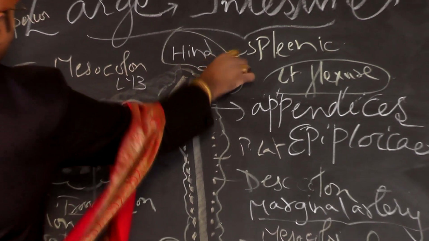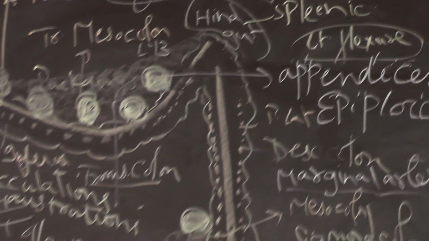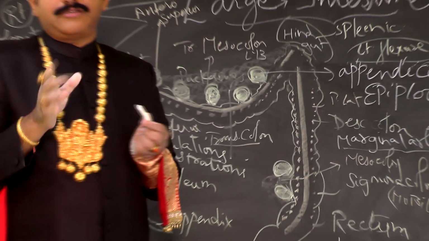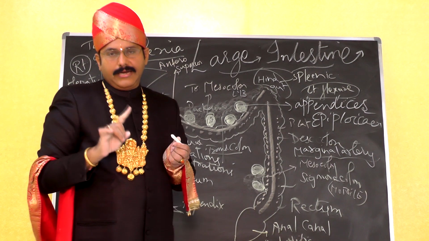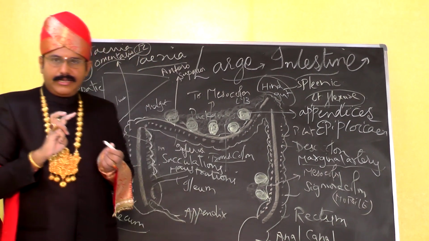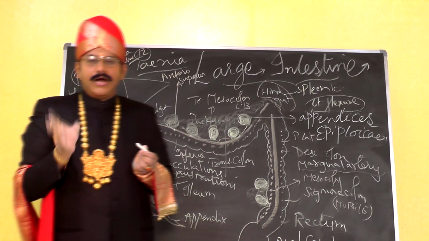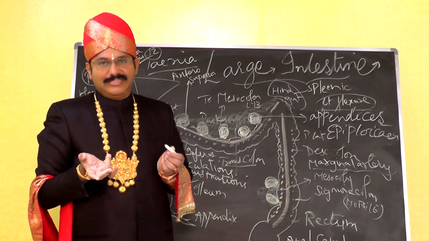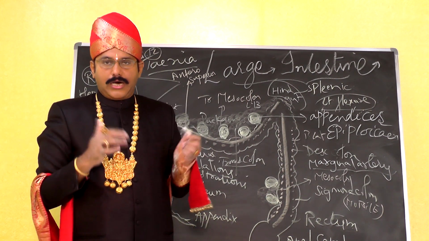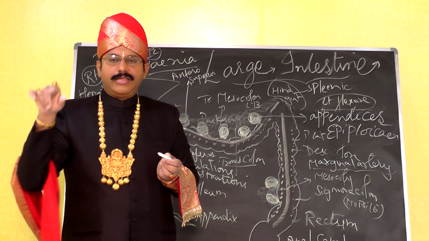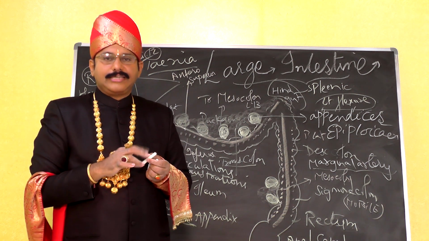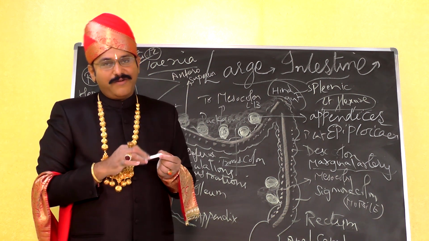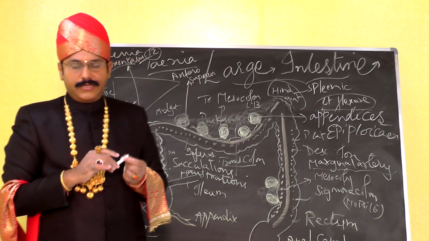So the artery of the midgut is the superior mesenteric artery, and the artery of the hindgut is the inferior mesenteric artery. Both these arteries form an anastomotic channel around the large intestine, which is called the marginal artery of Drummond.